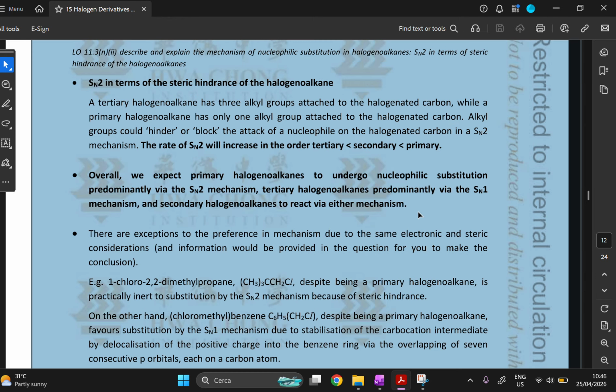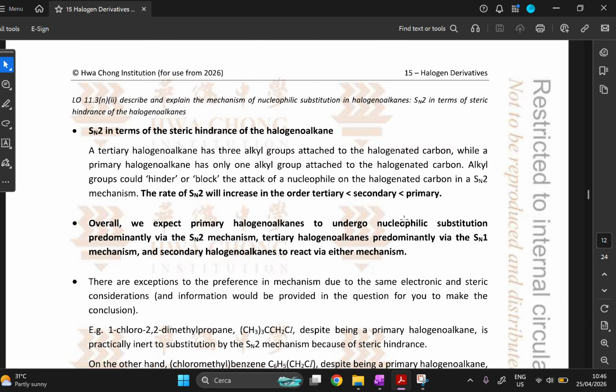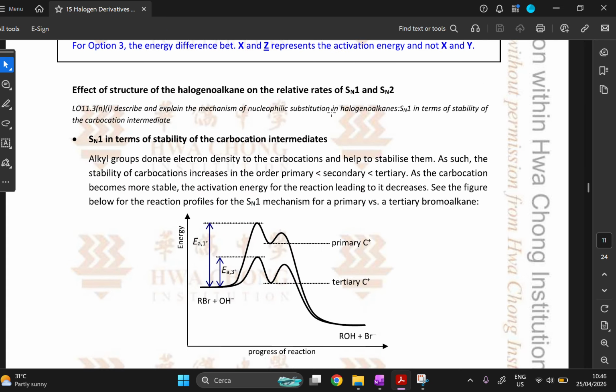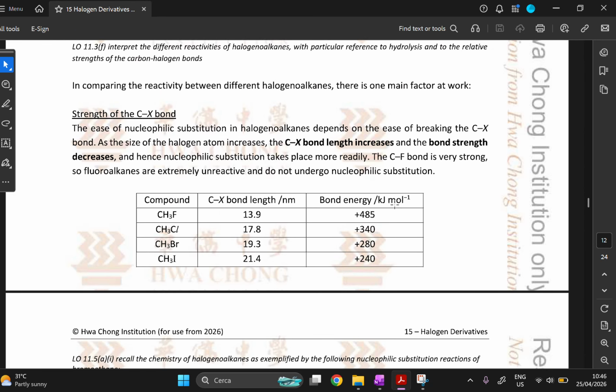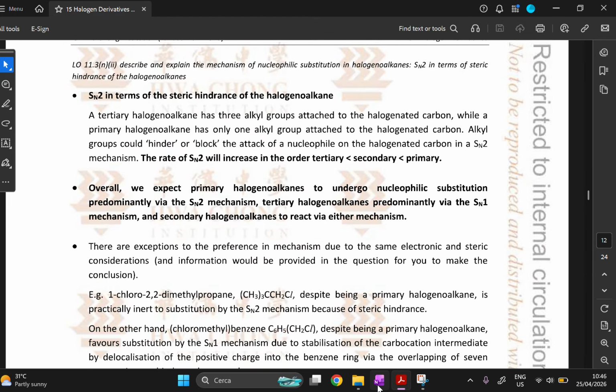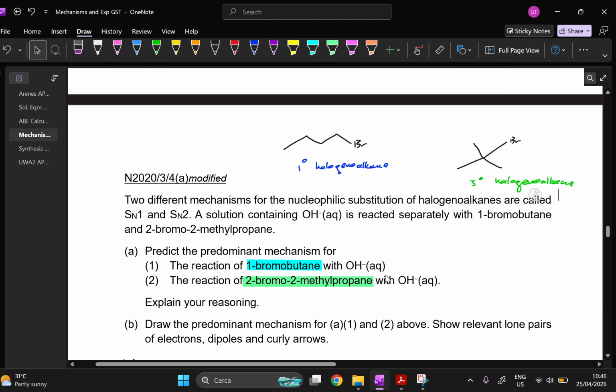But I do not like the way that they have explained it here, because ultimately there's a steric and an electronic factor for both. But I feel that when you are explaining why it reacts via SN1, you should talk about the electronic factor. And when you are talking about why it reacts via SN2, you should talk about the steric factor.